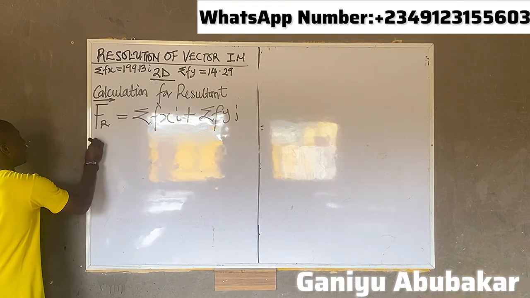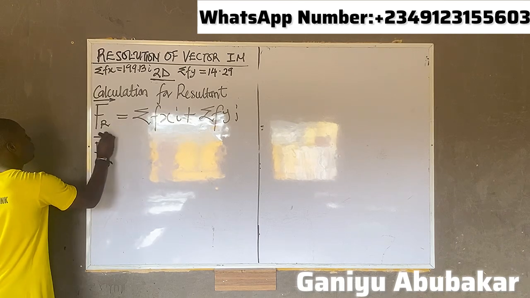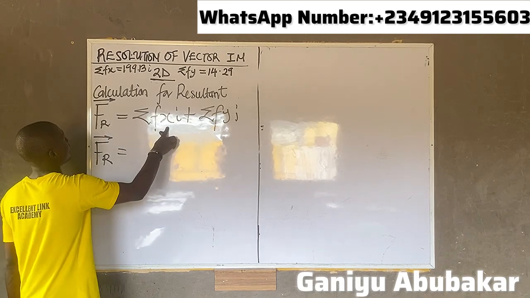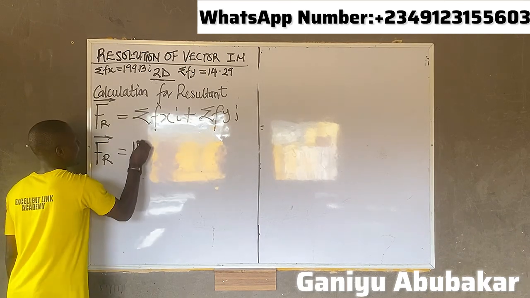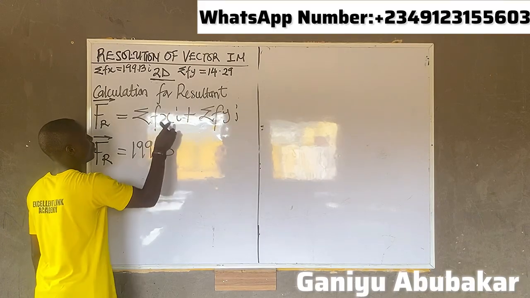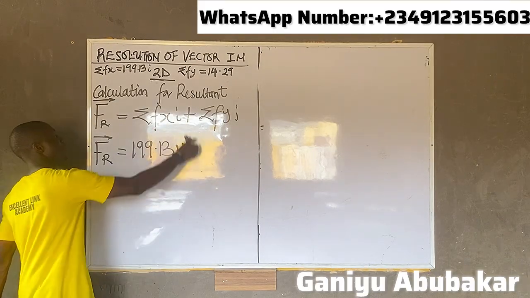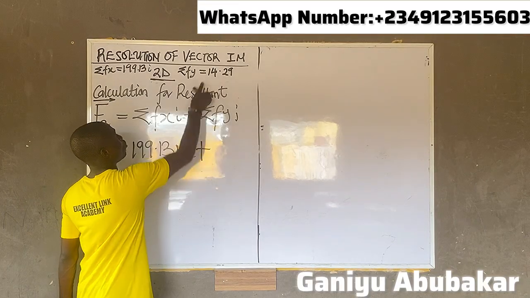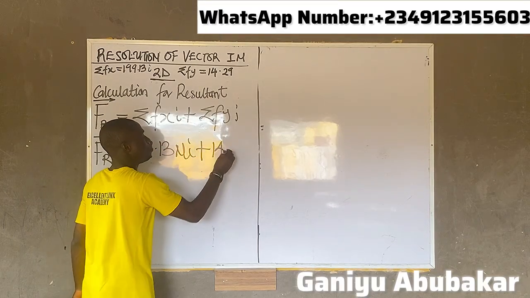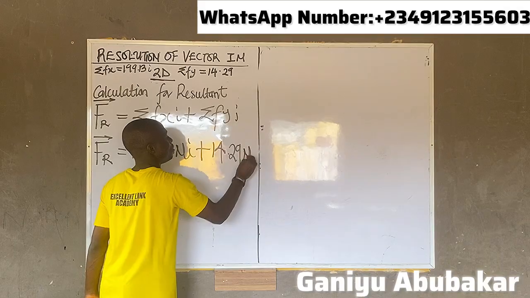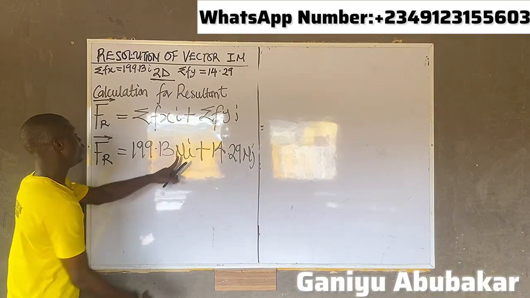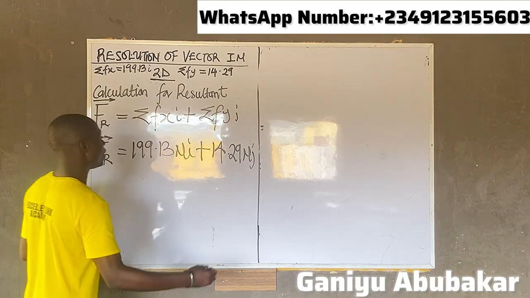So it means that the resultant force Fr is equal to what? Summation f of x, that's this value, 199.13, of course Newton i, plus this one here gives you 14.29 Newton j. Newton is common, I can bring it out.